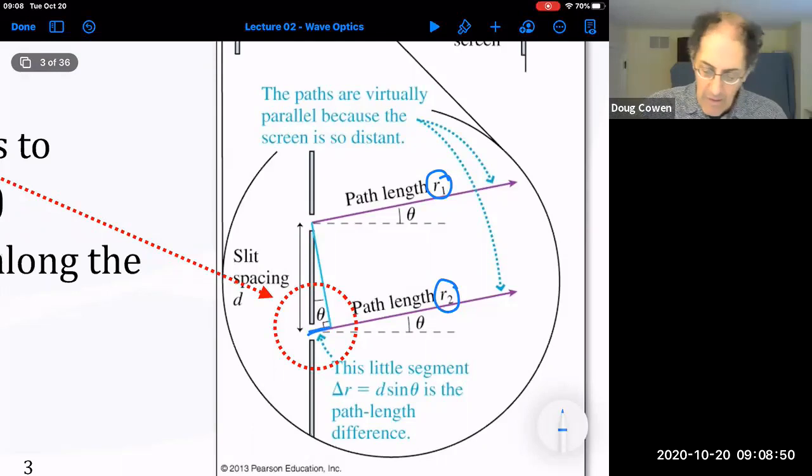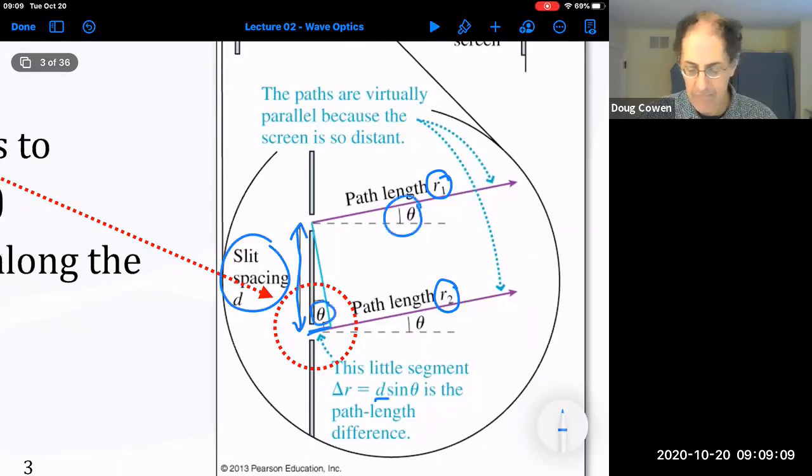That extra distance is given by d, the spacing between the slits. So this distance here is d times sine theta, where theta is this angle, which is the same as that angle there. So along path R2, there's an extra distance d sine theta that light will have to travel.